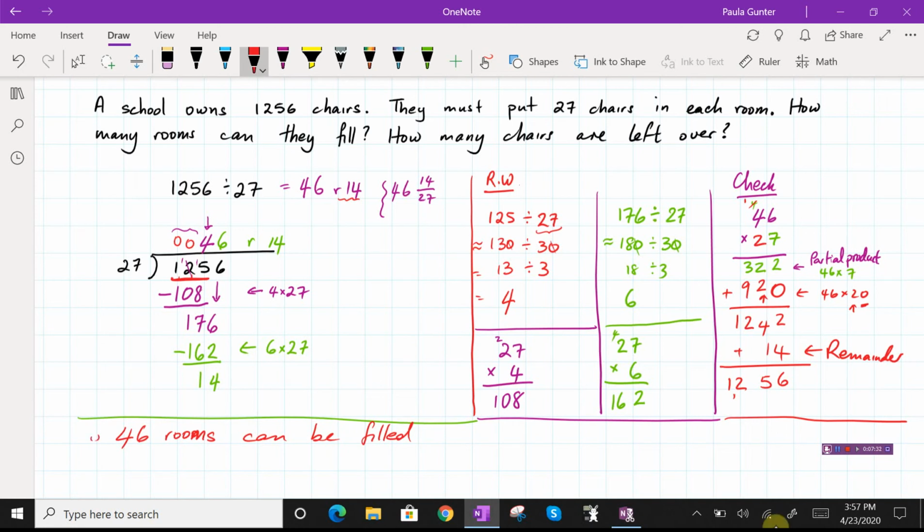So that's part 1. And part 2, we could say how many chairs are left over. How many are left over will be given by that remainder. 14 chairs will be left over. Okay? All right.